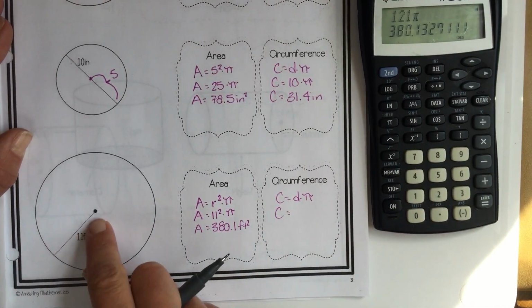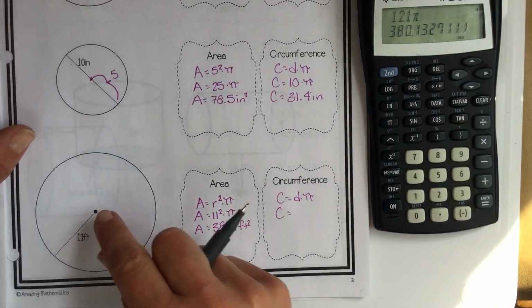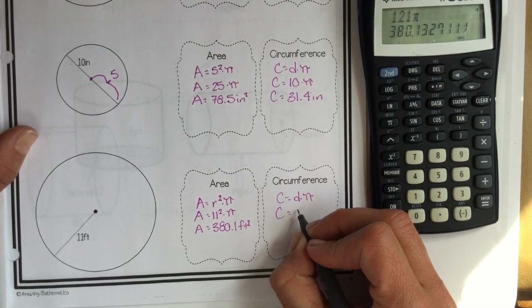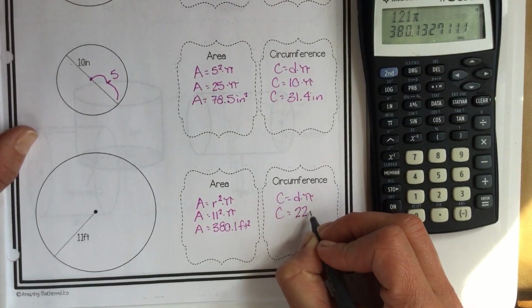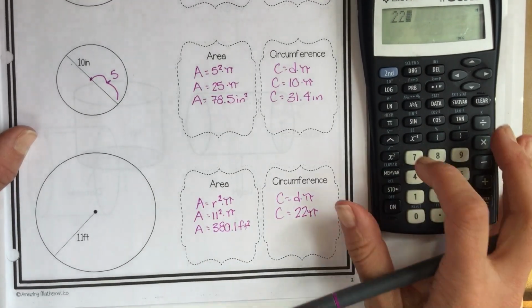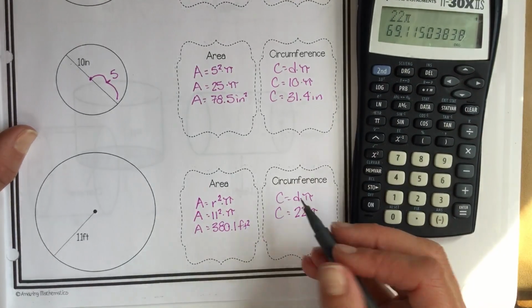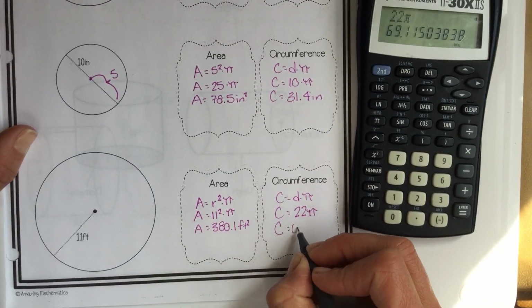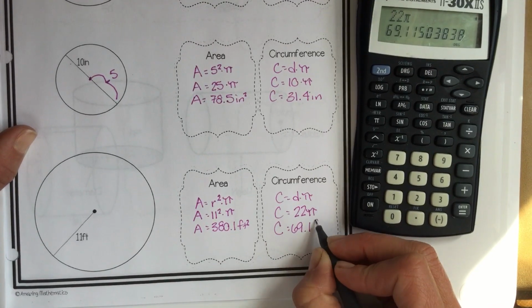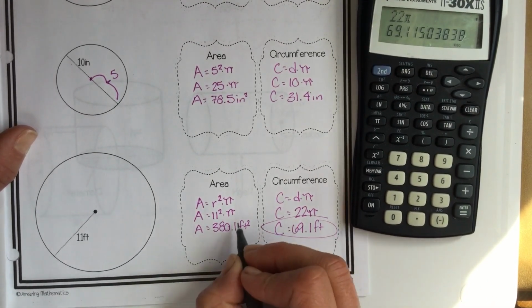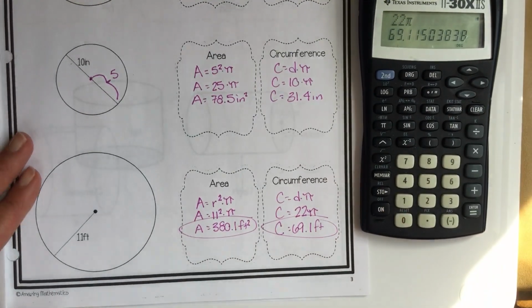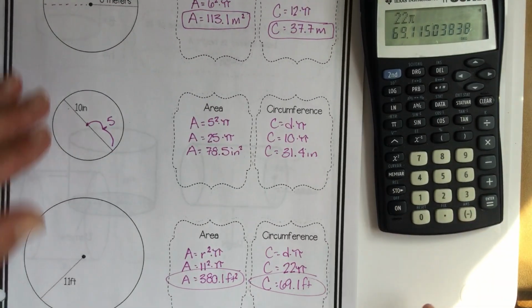So if the radius is halfway across, what is the diameter? The diameter would be 22 times pi. 69.1 feet. Okay, so that's just a little recap of what we've been working on, just making sure this is very clear for you guys.